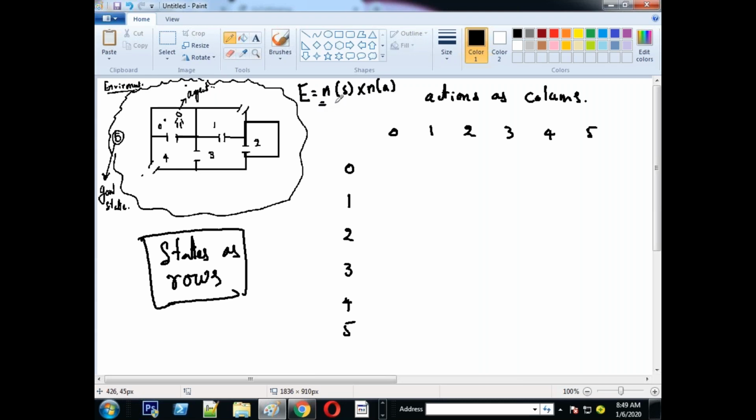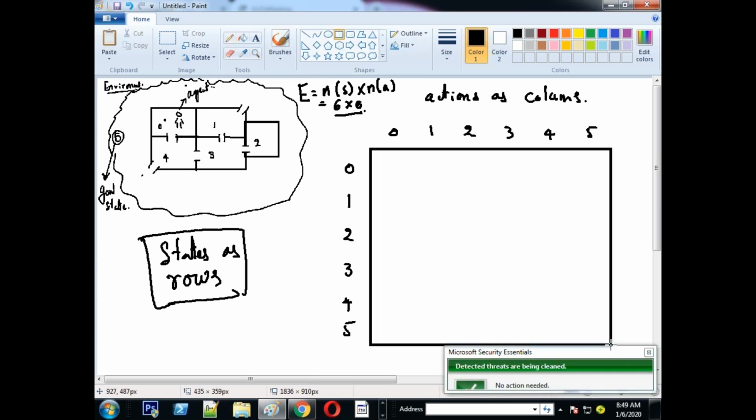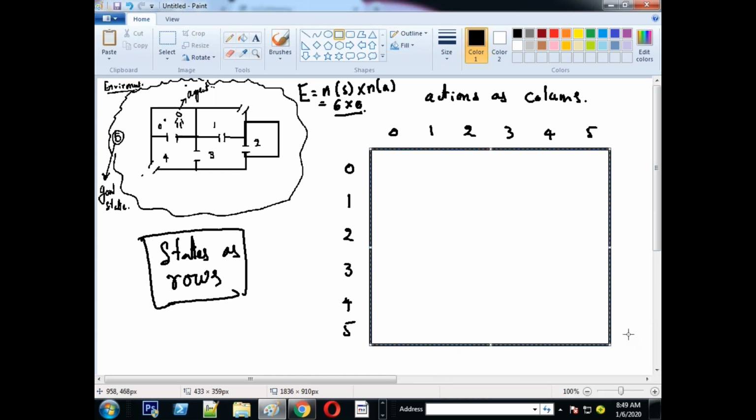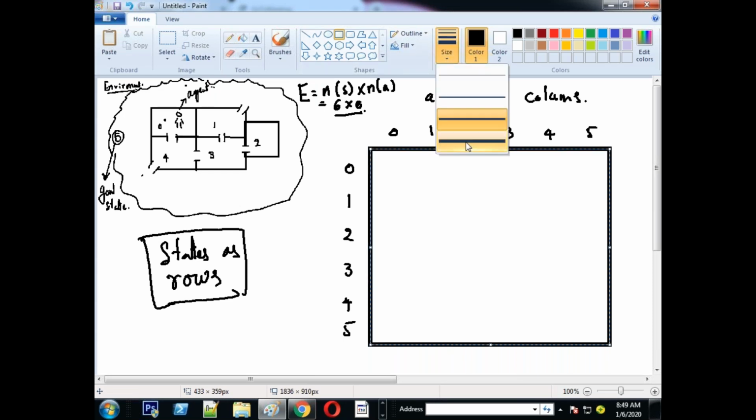That means I have 6 states, 6 actions, so my environment matrix size is 6 rows, 6 columns. Clear? Okay. A matrix is a tabular format of values in the form of rows and columns. Then what about each value? Each value is a reward.